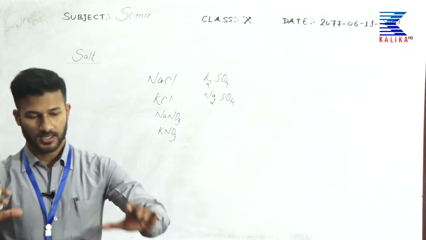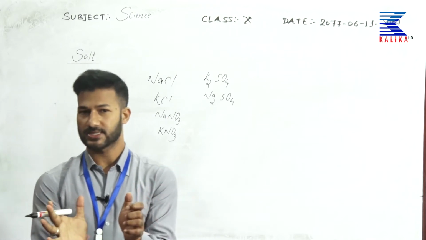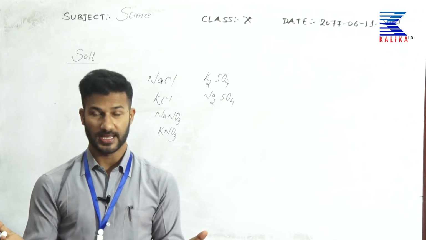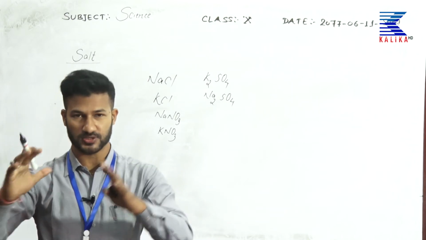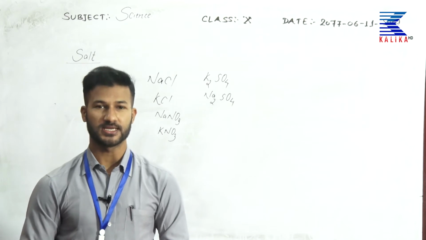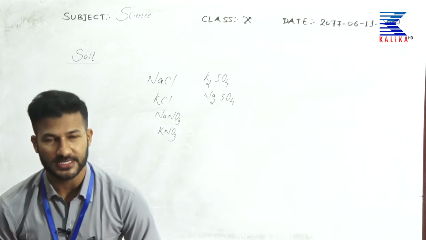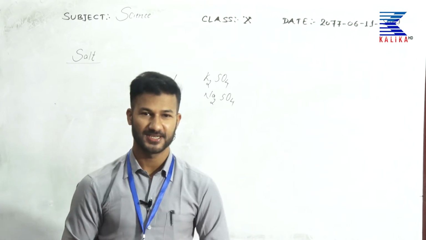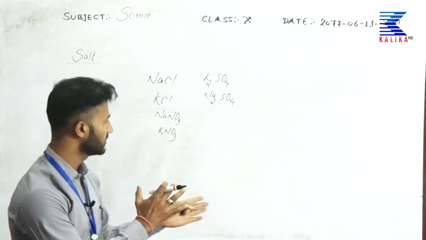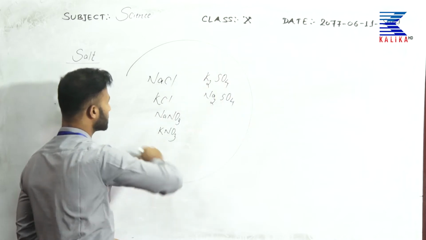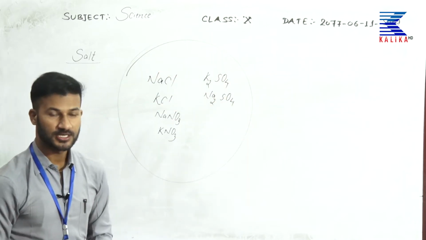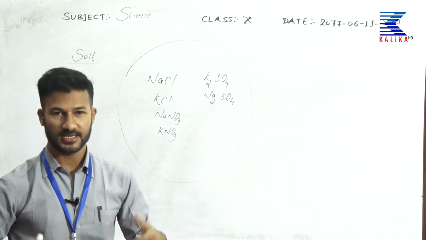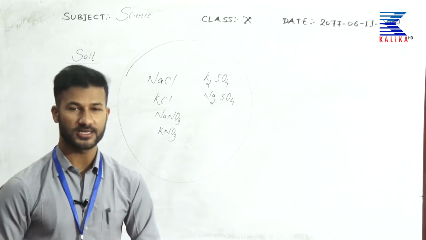Then how do you identify salt? Acids are hydrogen containing compounds that are corrosive and acidic in nature, and show some changes with indicators. Bases are metallic oxides or their hydroxides, they also show change with indicators, but mostly 98% of the salts do not show any change with indicators because they are chemically neutral in nature.